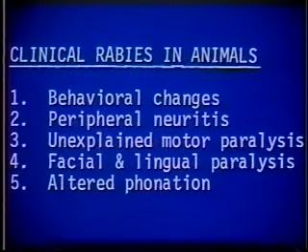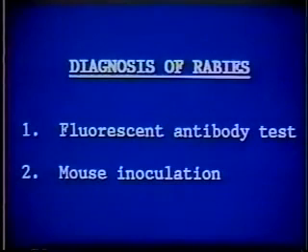There is a peripheral neuritis, an itching, a pain at the local area, and then a paralysis, as we've suggested, of the motor nerves, and then in some animals, such as cattle, the altered phonation, in other words the change in the voice, is a rather characteristic aspect of clinical rabies.